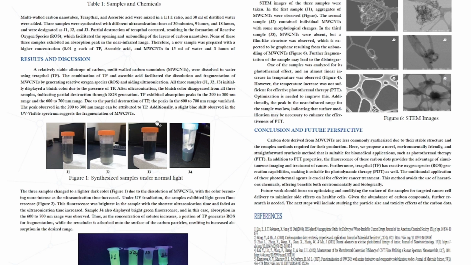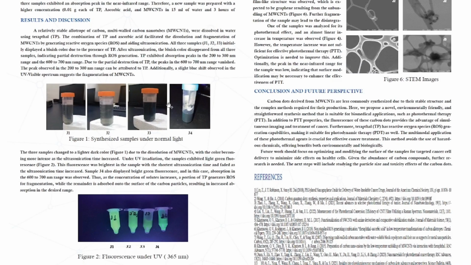These reactive oxygen species help in the fragmentation of multi-walled carbon nanotubes. Since it is creating reactive oxygen species, the terephthal is altered and partially degraded. That is the reason for the absence of bluish color in these samples.